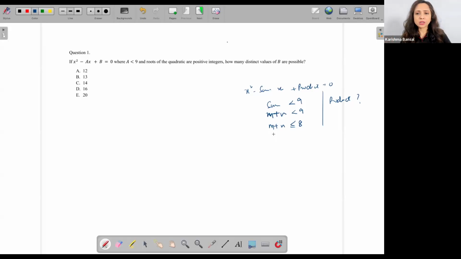The roots could be 1 and 1, or 1 and 2, or 1 and 3, up to 1 and 7, or for that matter 4 and 4, etc.